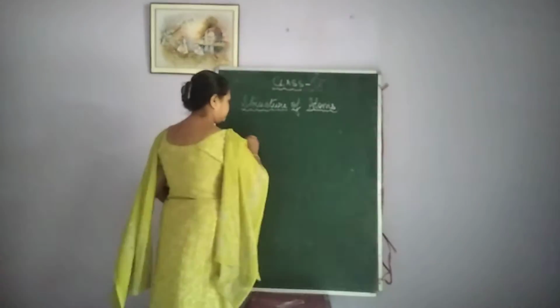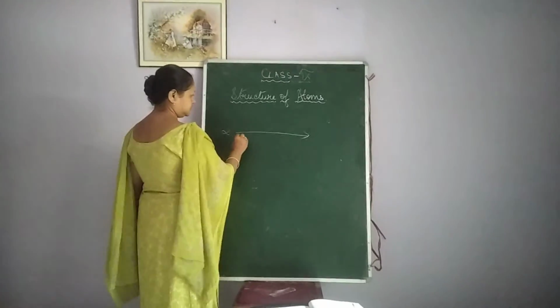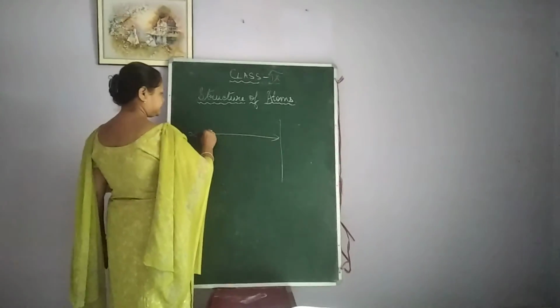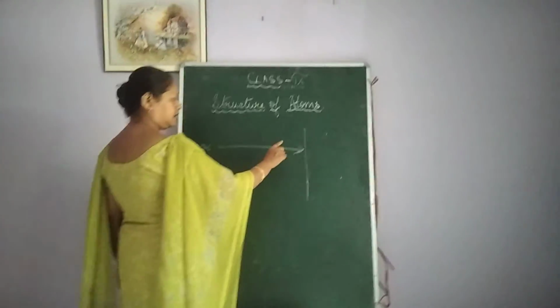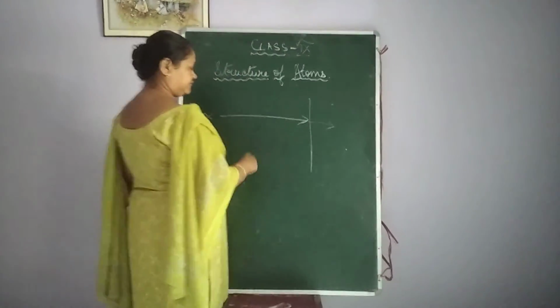Like suppose most of the alpha particles were bombarded along a gold foil, then most of them went straight without any deflection.